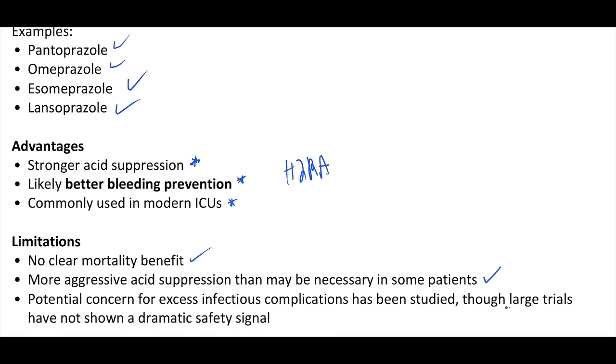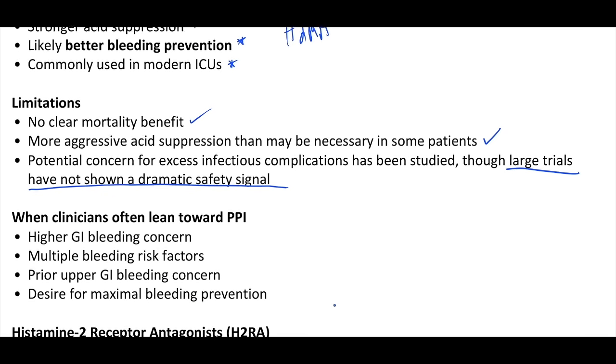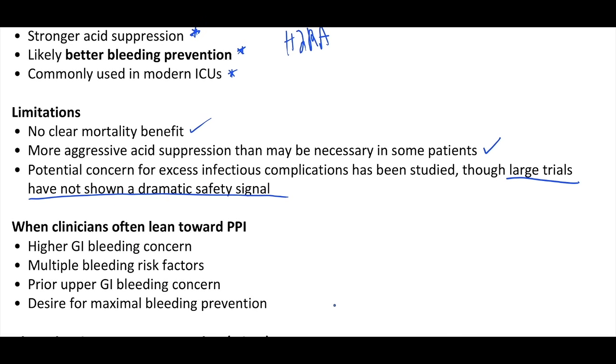But as we mentioned in this last point, large trials have not shown a dramatic safety signal to support that. So clinicians often lean towards PPIs for those with a really high GI bleeding concern: multiple bleeding risk factors, prior upper GI bleeding, or desire for maximum bleeding prevention.